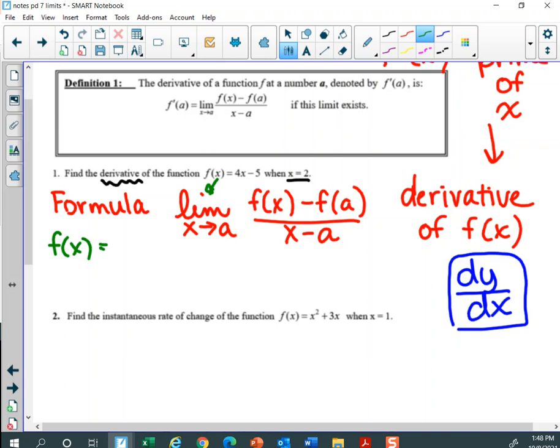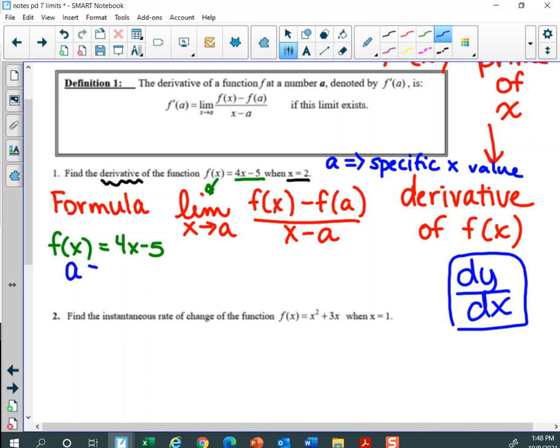So the f of x is the function they give us. So in this problem, f of x is 4x minus 5. And here's the part that's a little bit confusing. When we have the a versus the x, a is referring to a specific x value, where x is just always going to still be just an x.